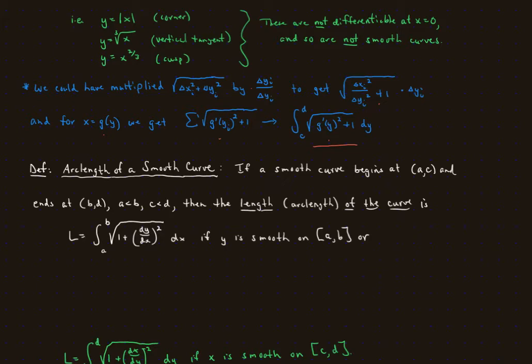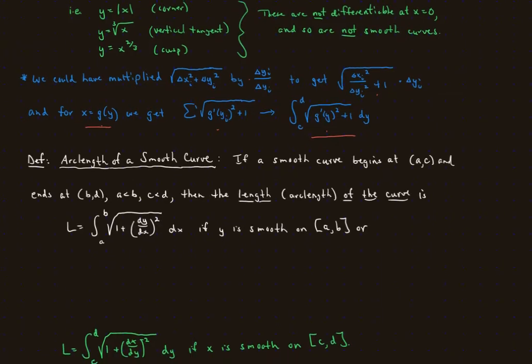Notice the limits here are y limits from c to d, and we're taking the derivative of that function defining x as a function of y. So we're looking at x equals g of y. And so we can do the arc length that way as well, and we're going to need that at some point down the road.